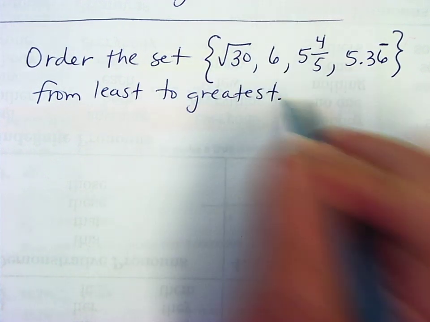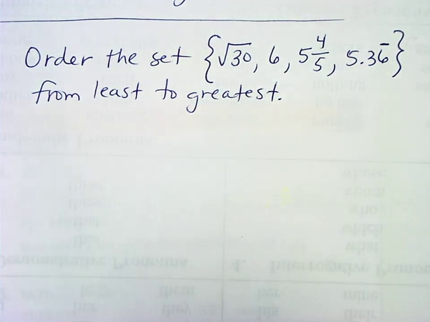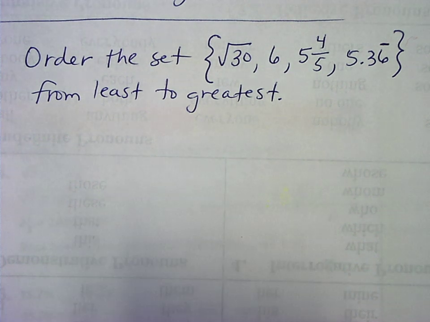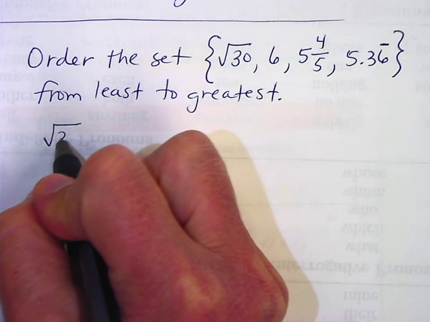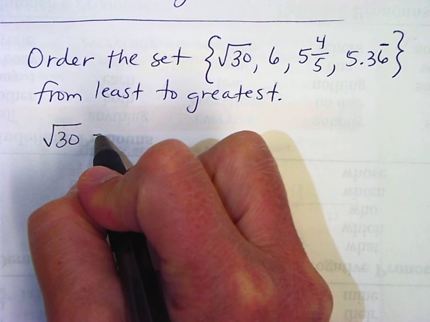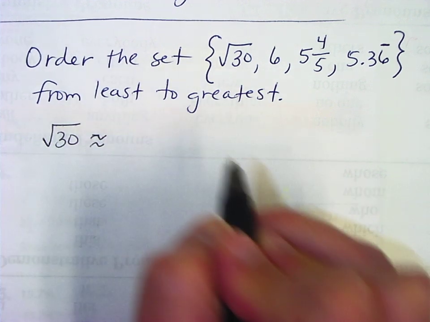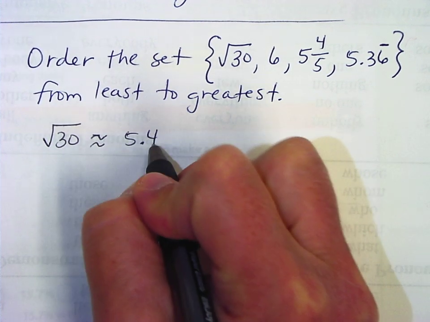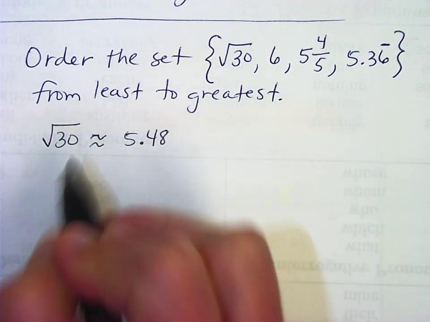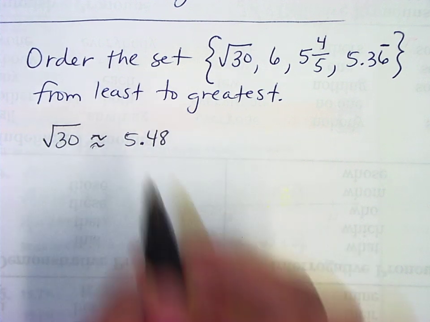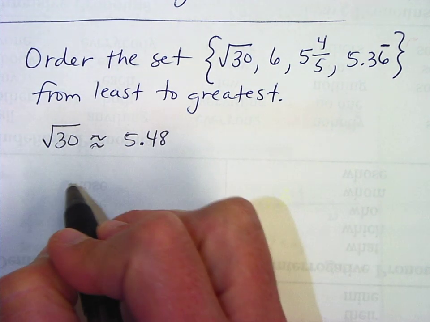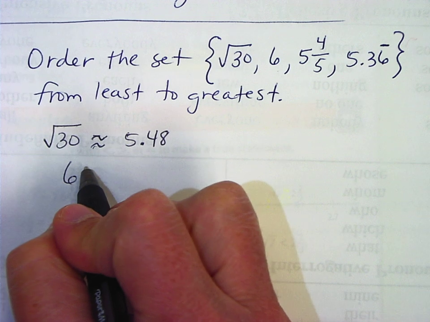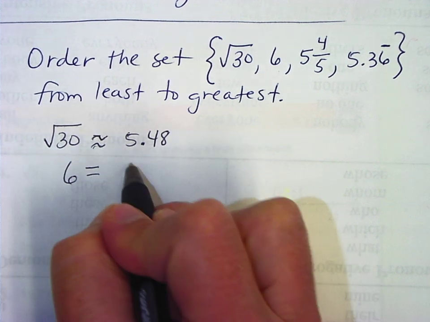Okay, so again, the very first thing you're going to do is turn these numbers into decimals. So grab your calculator. The square root of 30 is about equal to 5.48. Okay, and this means about equal to. We've rounded it off. The number 6 is exactly 6.